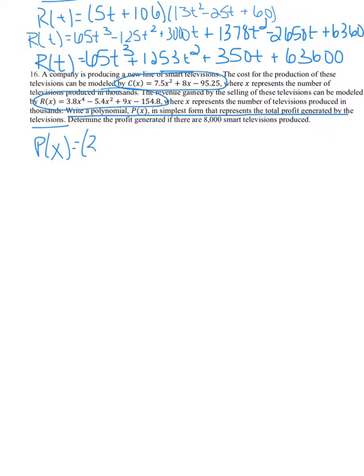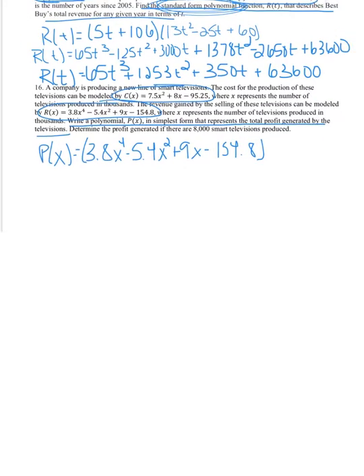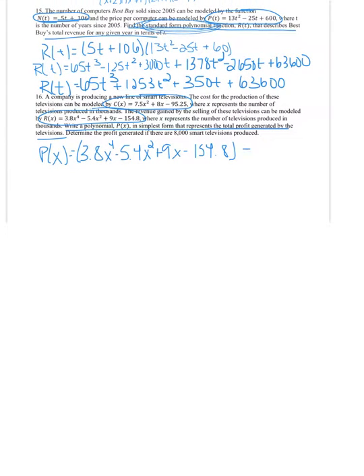So we have 3.8 x to the fourth minus 5.4 x squared plus 9x minus 154.8. And you are going to subtract C of X, which is 7.5 x squared plus 8x minus 95.25.